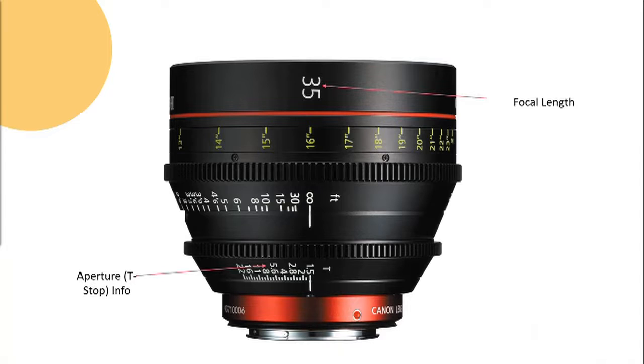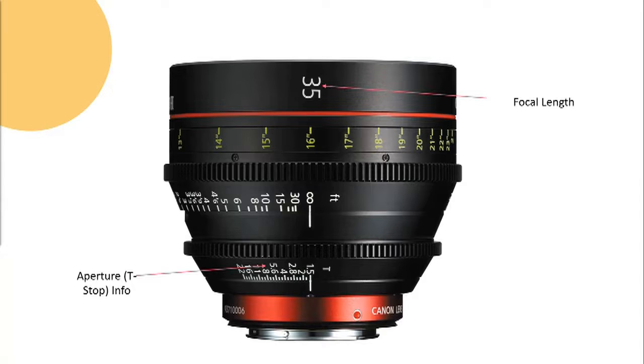Now, one thing to understand is that when we speak about apertures, when we have a look at them in lesson number 6, we're going to talk about f-stops. F-stops are all to do with depth of field, what's in focus and out of focus in the background, depending on the f-stop number that you happen to use. If you are using a cine lens, you're going to be talking about T-stops.